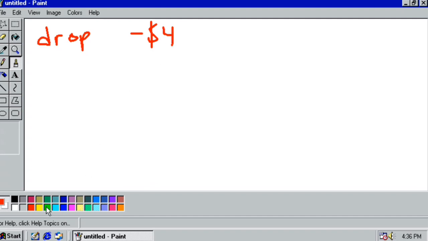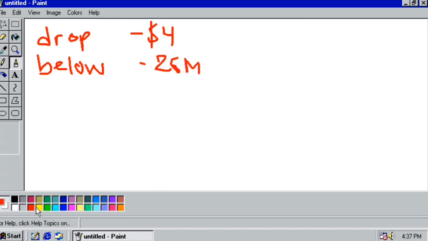Next, a submarine is 26 meters below the sea level. So we have the word below. That means it's also negative. So it's negative 26 meters.